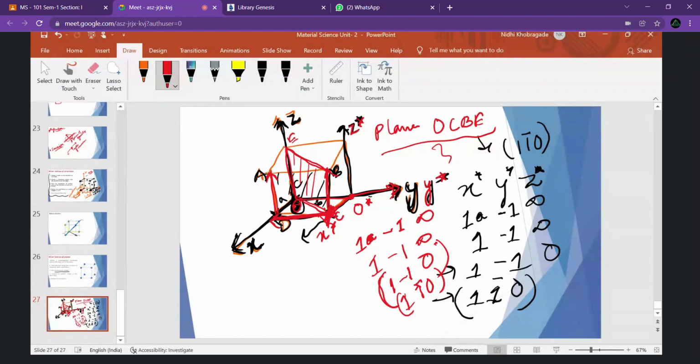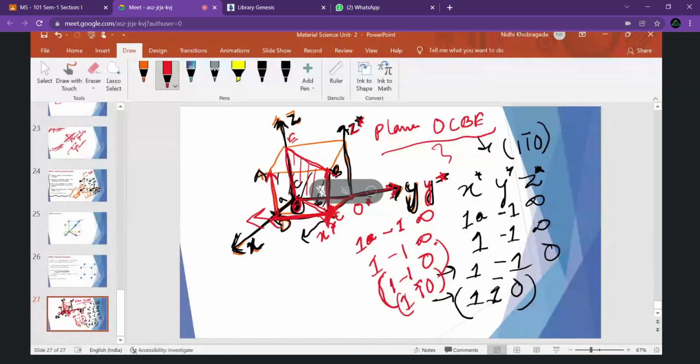So we have a negative intercept on the y-axis, in this direction. Because if we move in the other direction, there is no intercept. And the plane is still parallel to the z-axis, so the third intercept will be infinity.